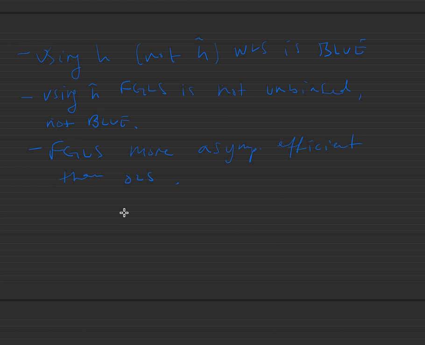A word of caution, be careful when completing F-tests. You want to use either transformed or non-transformed equations.